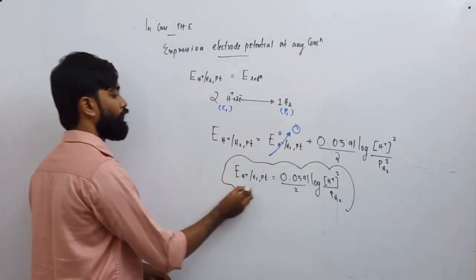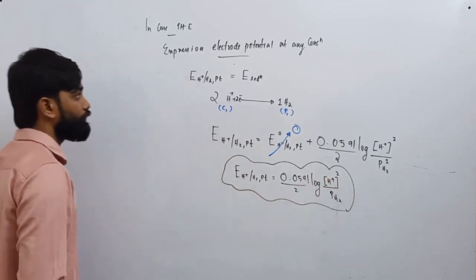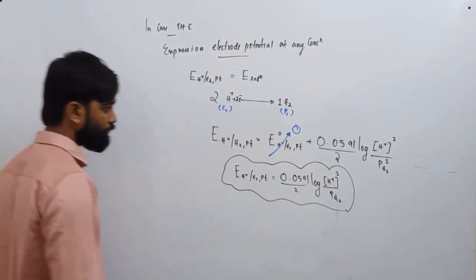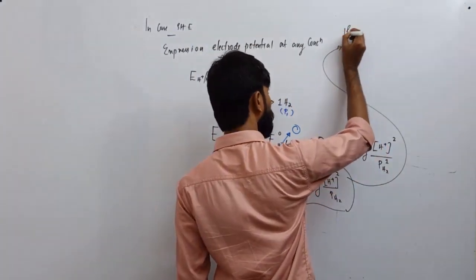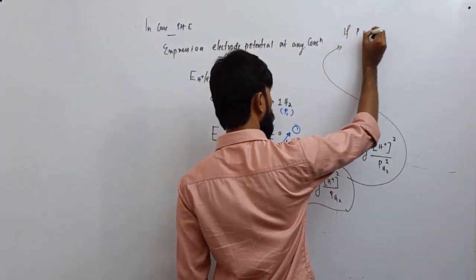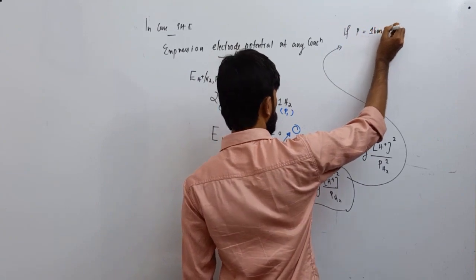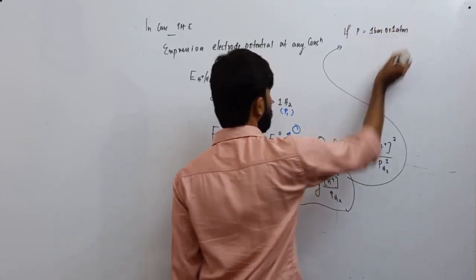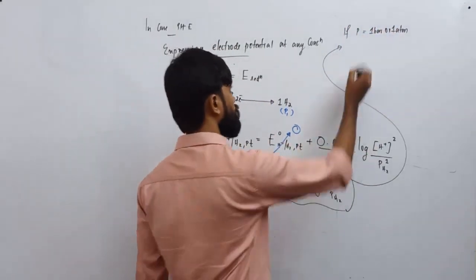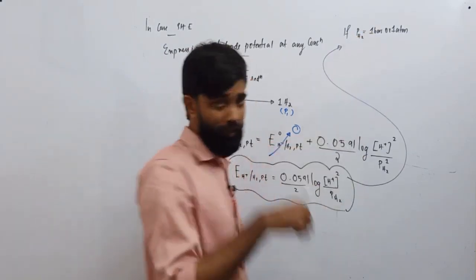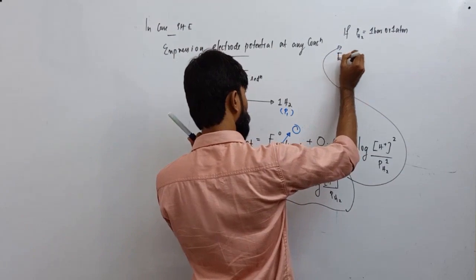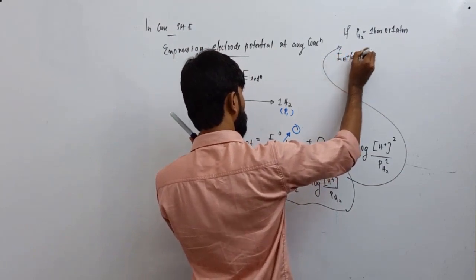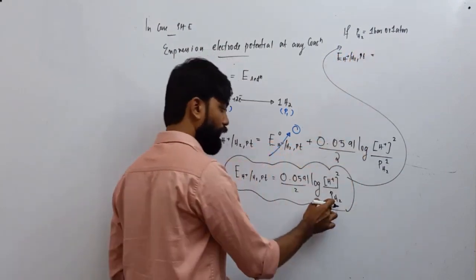This is the expression for finding the electrode potential of SHE. If the pressure is 1 bar or 1 atm, if in the question the partial pressure of hydrogen is said to be 1 bar or 1 atm, then what will be the expression? Then the denominator will be 1, right?